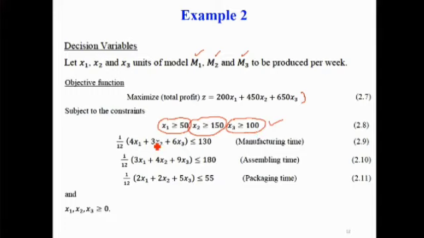The second constraint is that 4x1 plus 3x2 plus 6x3 divided by 12 is less than 130. 130 was the restriction we had for manufacturing time.